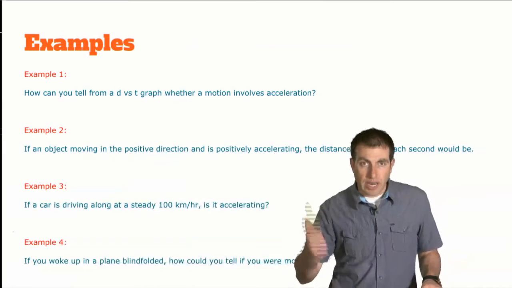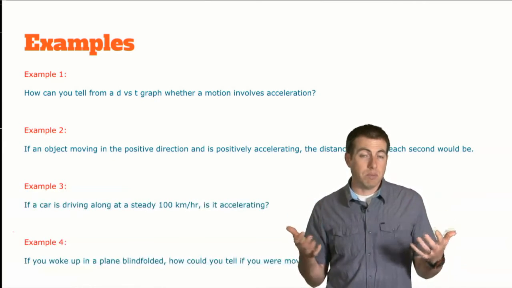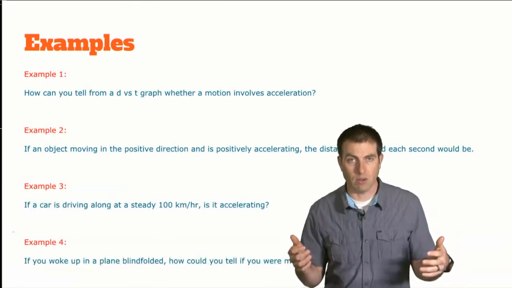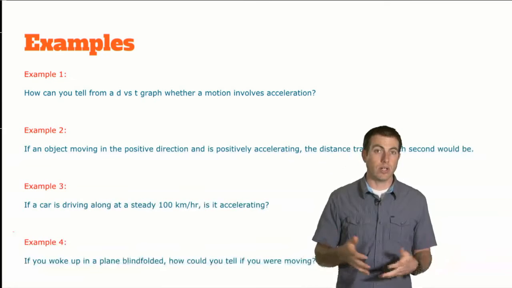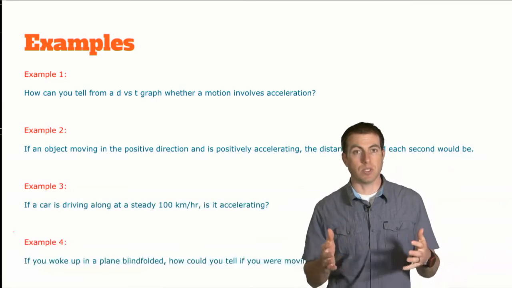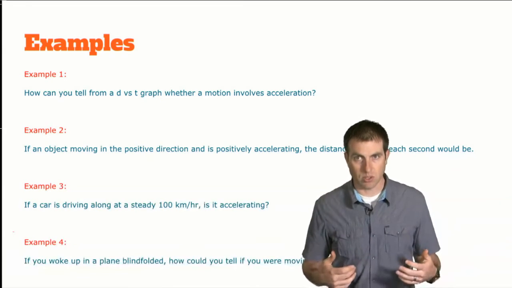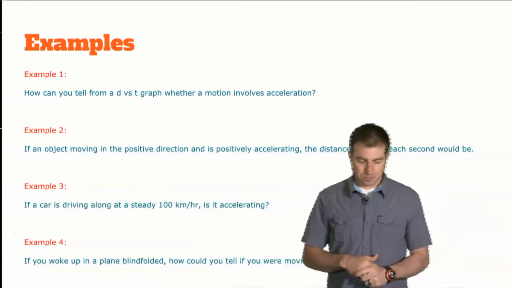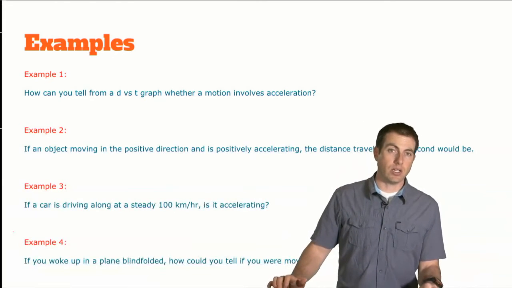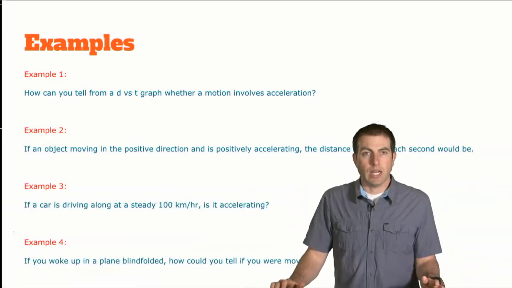So if you're on the airplane, earplugs in, blindfold on, you wouldn't be able to tell until the airplane landed and started to slow down. Or if you're in a car or a bus, if the person were to speed up, you'd feel like you're going backwards. If the person slows down, you'd go forwards. So this is what acceleration is. I can be traveling in a car or a plane going 300 kilometers per hour, and I don't feel it.